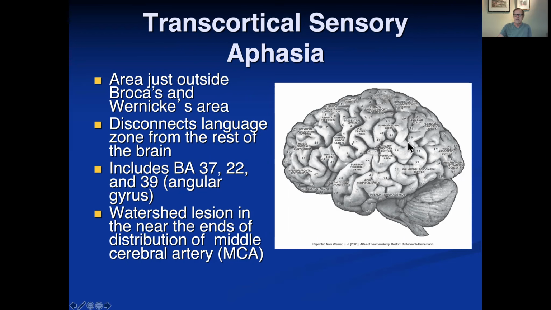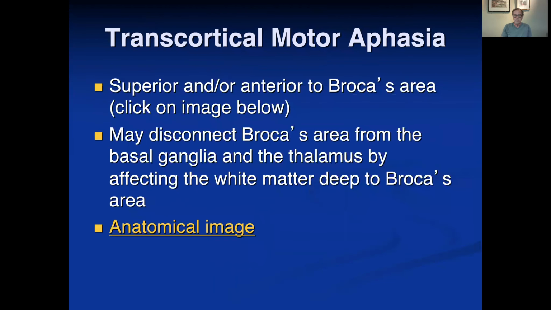The characteristic is that they do have language involvement, but they express themselves fluently, and they can repeat, they can imitate speech better than they can comprehend speech, which seems kind of odd, doesn't it? That you can imitate things that you can't comprehend, but that is the characteristic of the transcortical sensory aphasias.